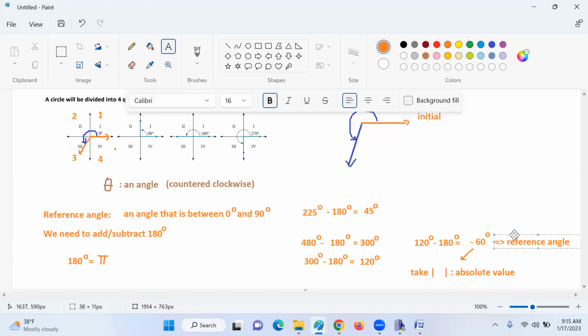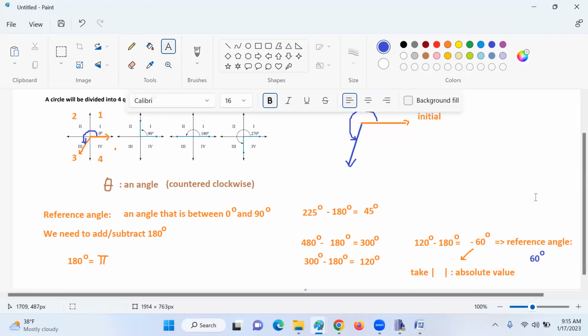I don't have enough space here, but anyhow, that'd be 60. It's not a big deal, but the reference angle should be between 0 and 90 degrees, so you have to be careful. Each time you subtract 180 or add 180, you might have to take the absolute value, and so on.